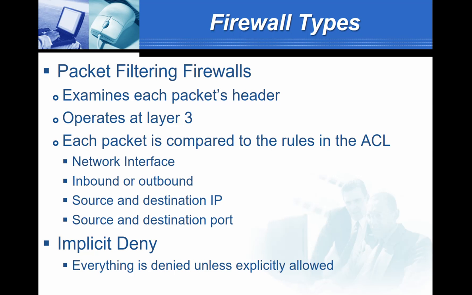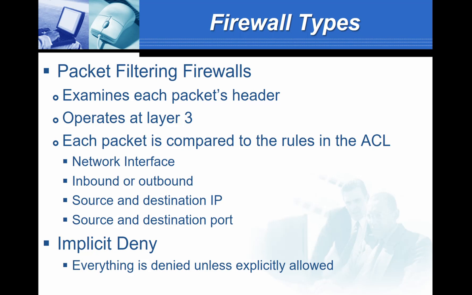The source and destination IP can be examined, and also the source and destination port can be examined. Remember we talked about NAT and how it has ports in here. Well, if a port is open, it's going to get to that particular place. So the NAT is going to automatically open up that specific port for that session and then close it when the session is over.